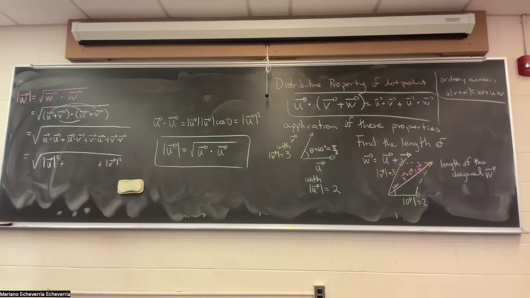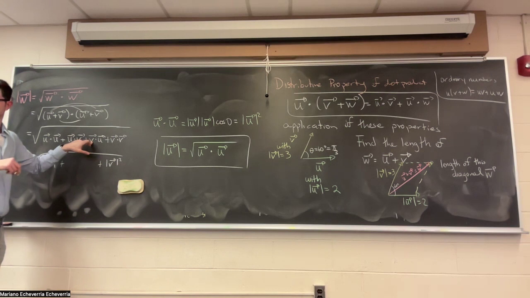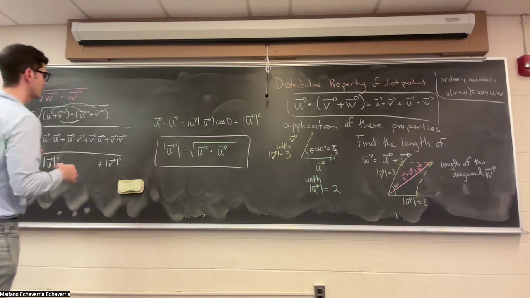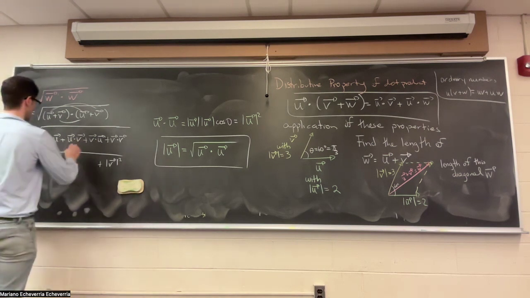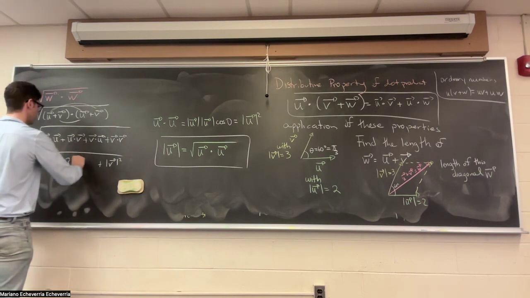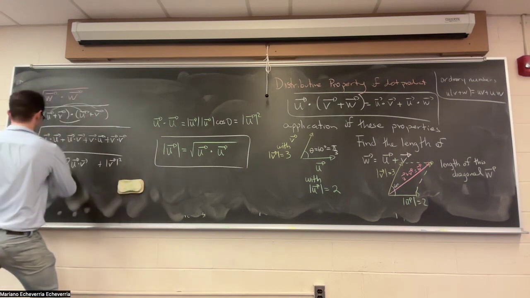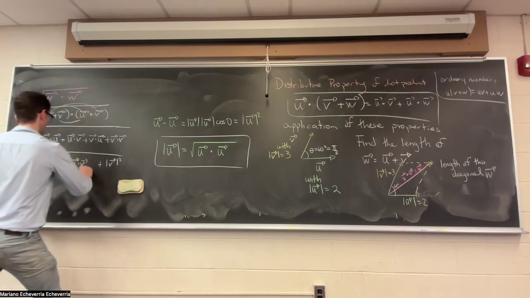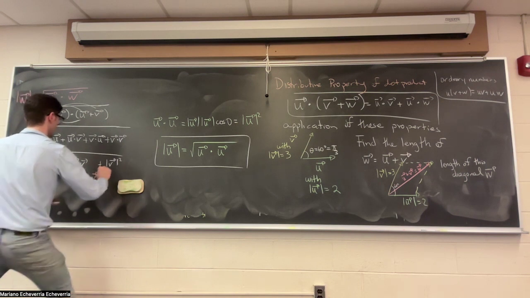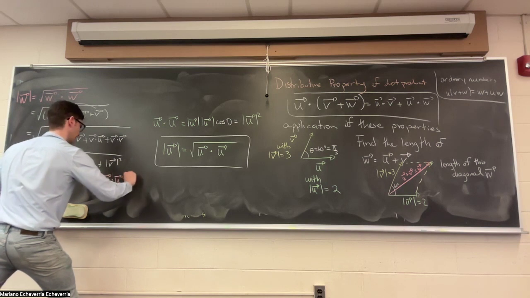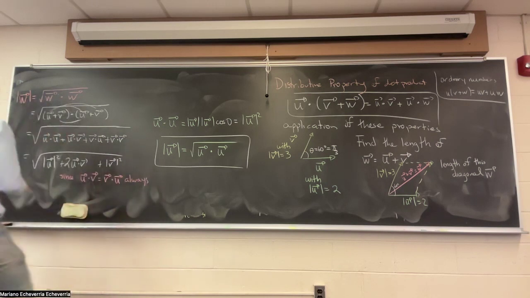I don't think I have said it so far, but u dot v is the same as v dot u, because you're multiplying the lengths times the cosine, so the formula doesn't really change. So maybe I should put 2 times u dot v. Let me clarify this: u dot v equals v dot u always. That's important to know also.